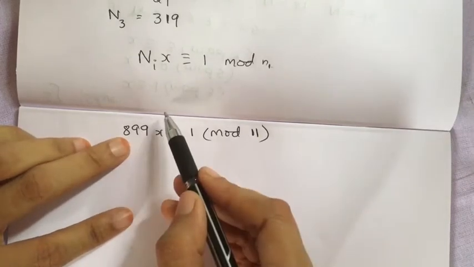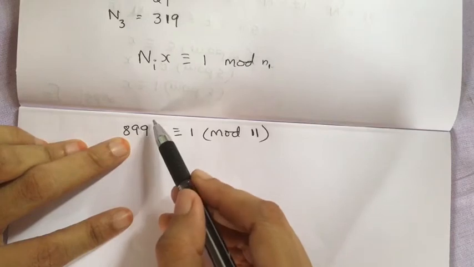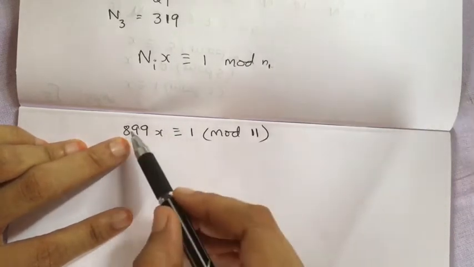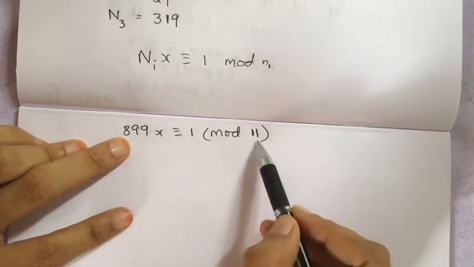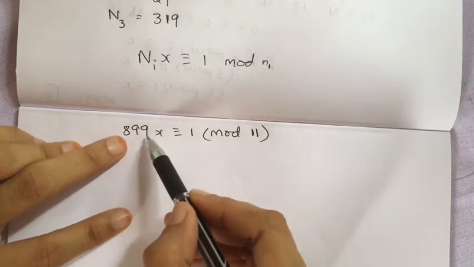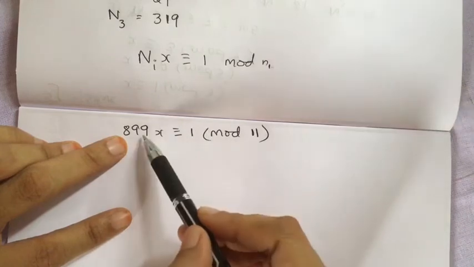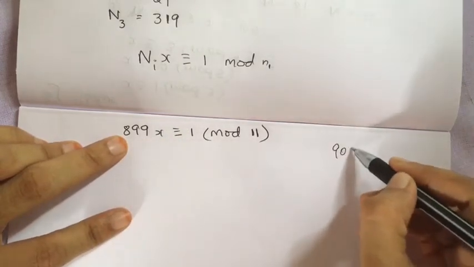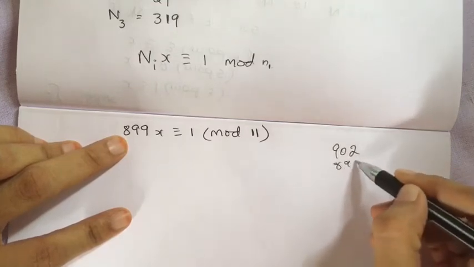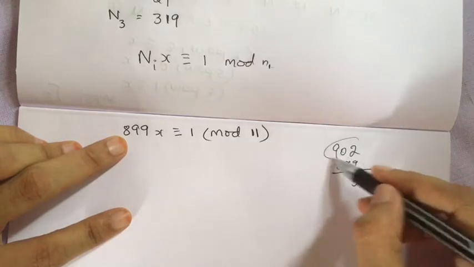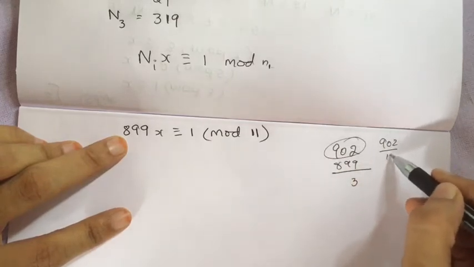I'll take up the next number, 900. That is also not divisible by 11. 901, again it is not. If I take one below, 898, then that is also not divisible by 11. I think I can go for 902. What's the difference between them? It's 3, right? And this 902 is divisible by 11, I guess.